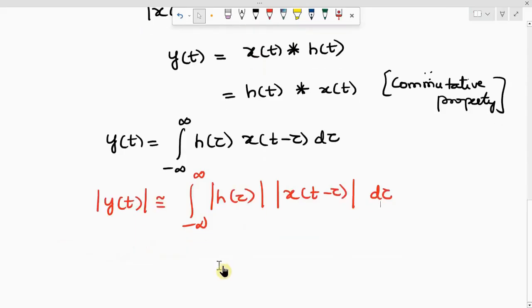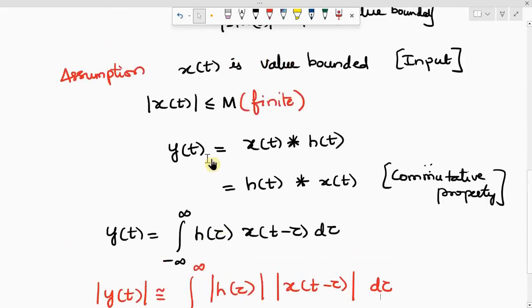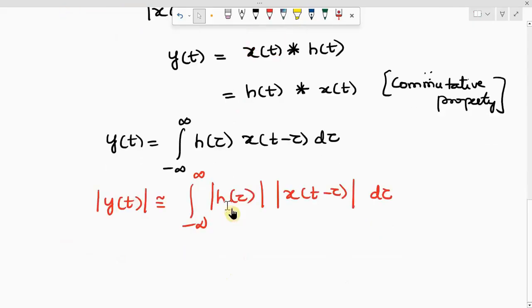Yes, sir. Now, what is the maximum value that x of t can reach? M. It is M, no? So for making this simple, I'm replacing this mod x of t. Now I have a question.